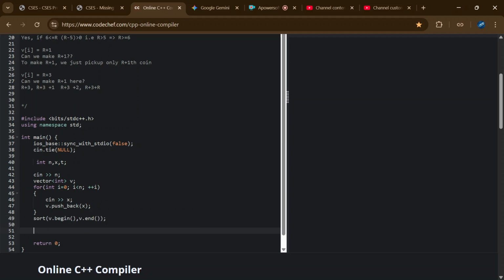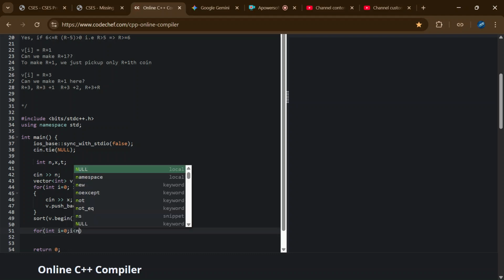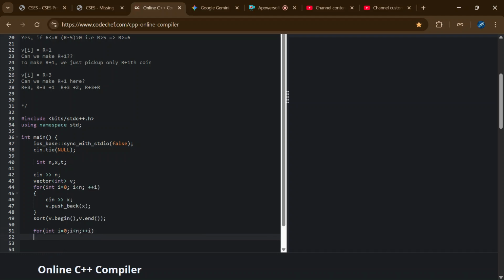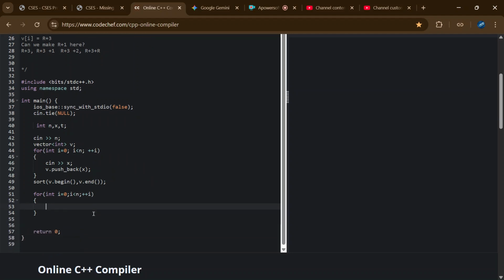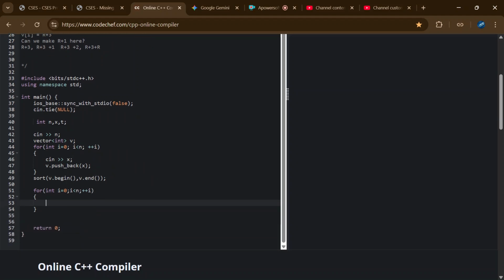Now, for int I equals 0, I less than n, what are the things we need to consider?